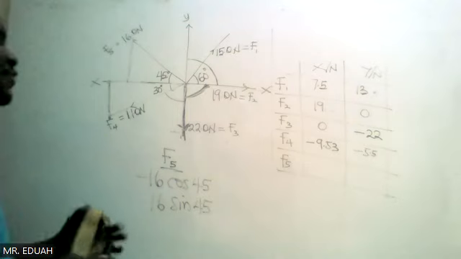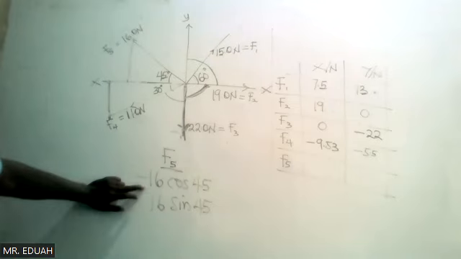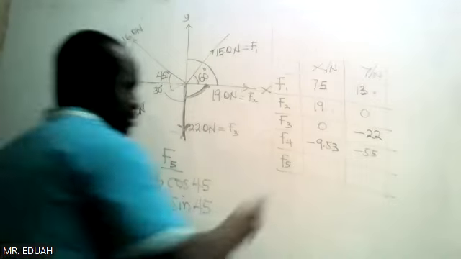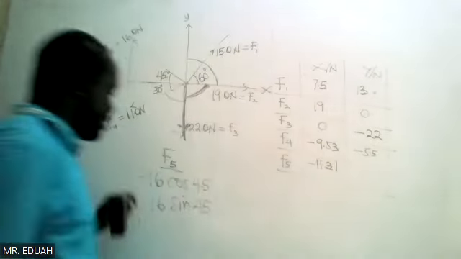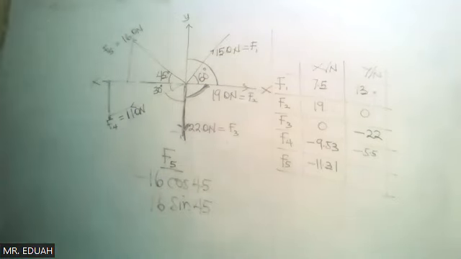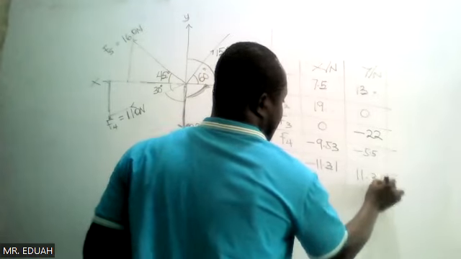And cos 45 is root 2 on 2. So this is 8 root 2. What is 8 times square root of 2? 11.31. Minus 11.31. Then sine 45 is the same value. So we have positive 11.31.